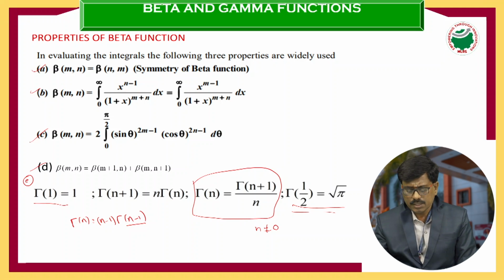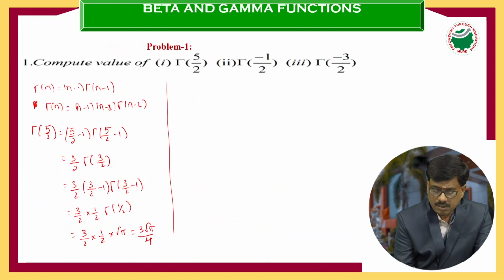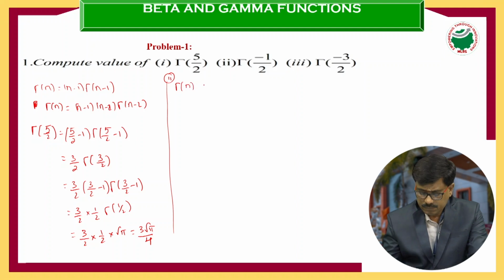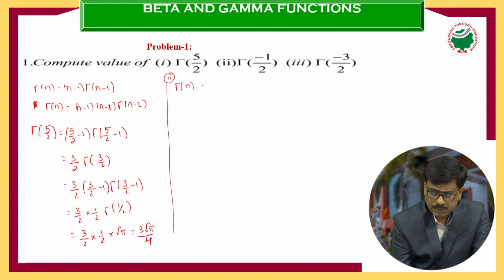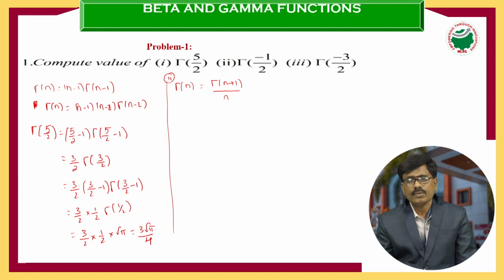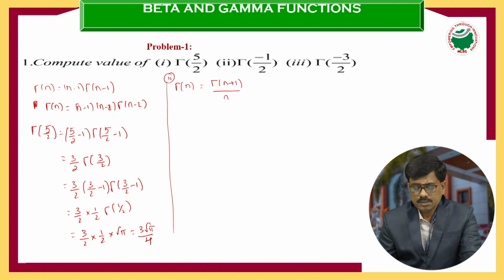Let us use this property for the second problem: gamma of n is equal to gamma of n plus 1 whole divided by n. For this case, I can substitute n equal to minus 1 by 2.